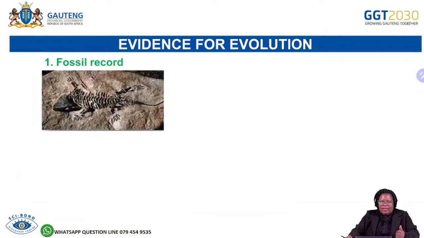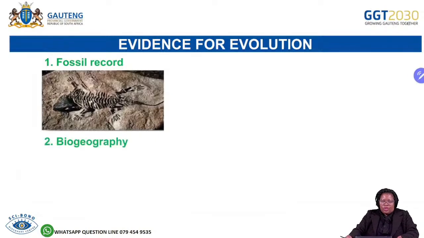At the mud, all right? Now, when you look at the mud, it will tell you. So, when you look at the lowest part or the bottom part of the soil, it is the oldest. But when you look at the surface of the soil, it is what? The newest.